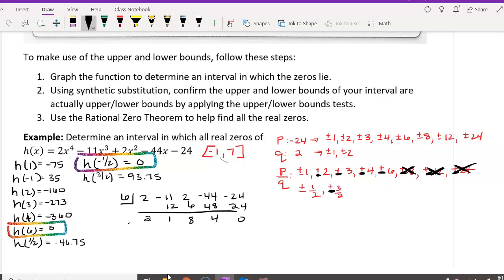And the 6 does work because we did that synthetic substitution, and we're left with 2x cubed plus x squared plus 8x plus 4. But now we're going to use that negative 1/2 and go through that synthetic division again with our new leading coefficients of 2, 1, 8, and 4.